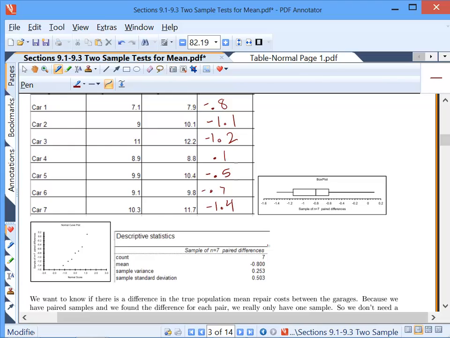So for my paired differences, I have my counts. That told me there were 7 of them. If I want, because they are differences, I could put little D's on everything to remind myself that they are differences. You don't have to, but if you want to remind yourself. The mean, so that's the average for the differences, is negative 0.8. And the sample standard deviation of the differences is 0.503.